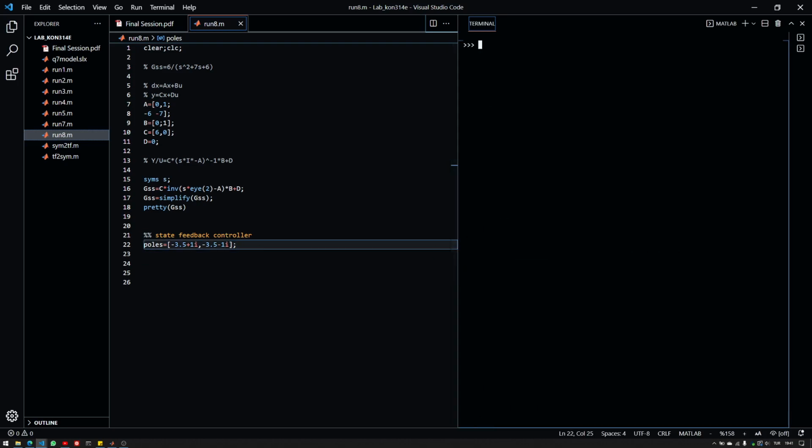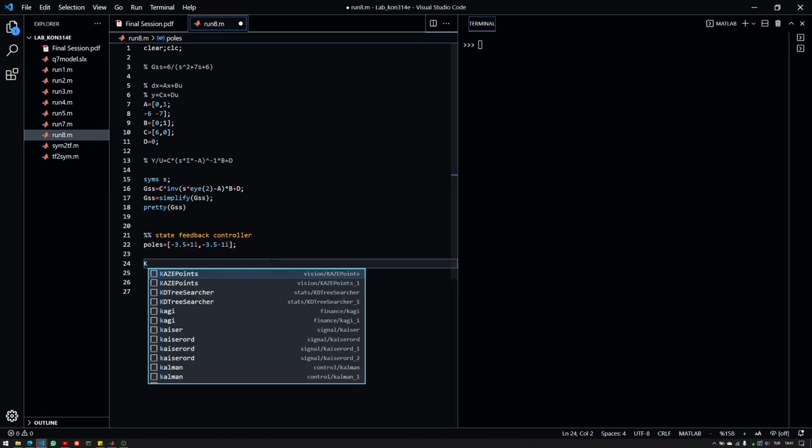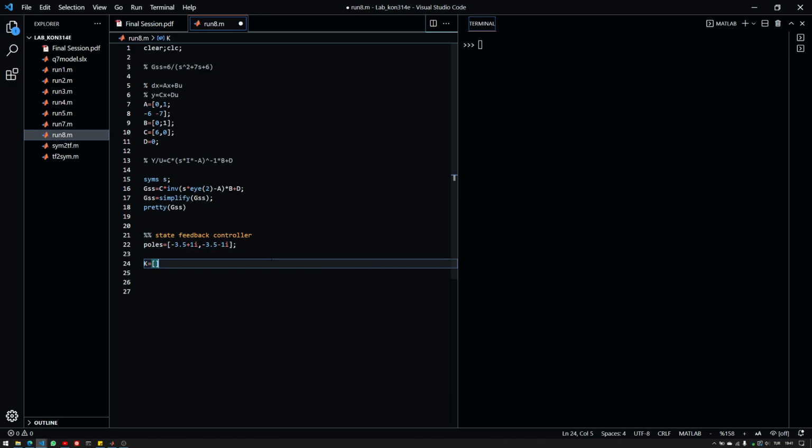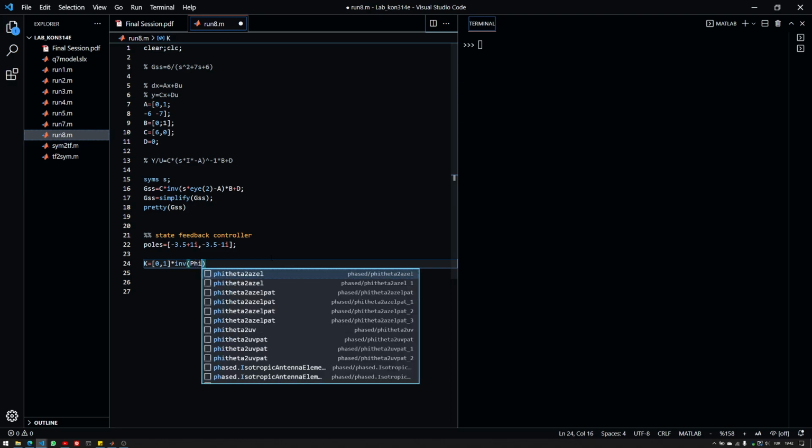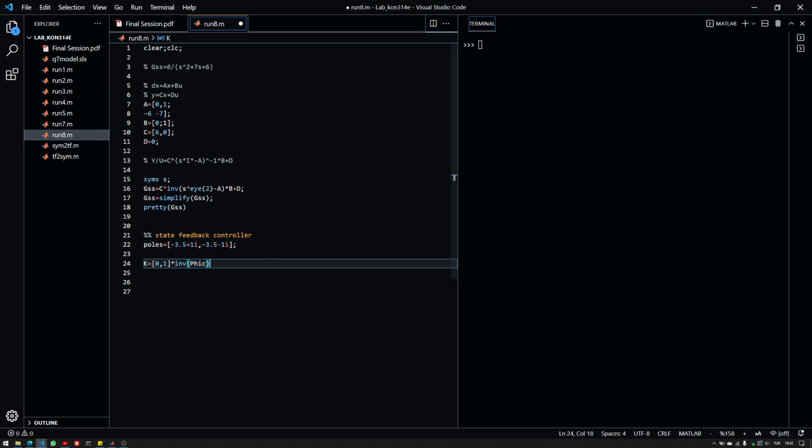So let's see. Now the state feedback vector k can be acquired with, and I'm going to write for a 2x2 system, this times the inverse of the controllability matrix times something called Pd(A).